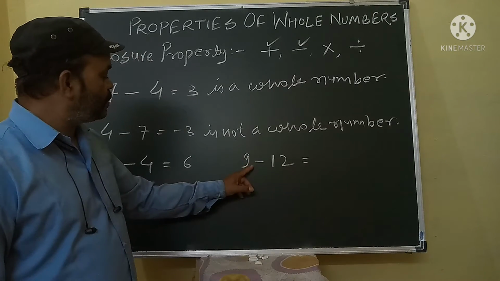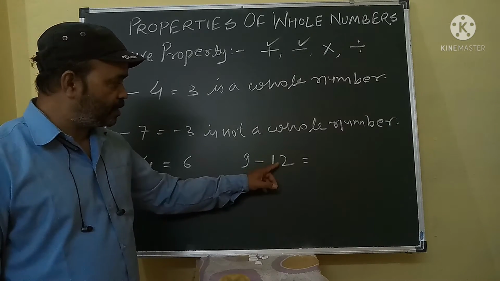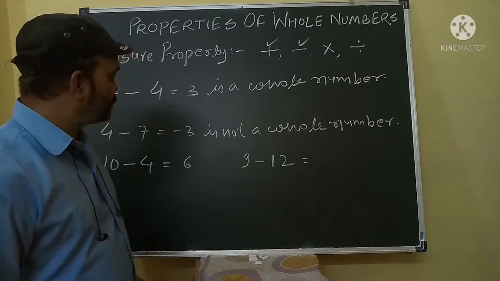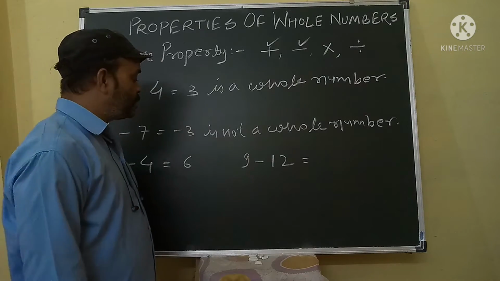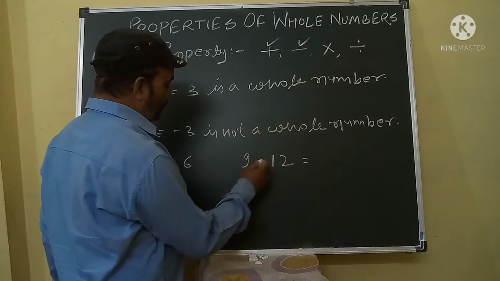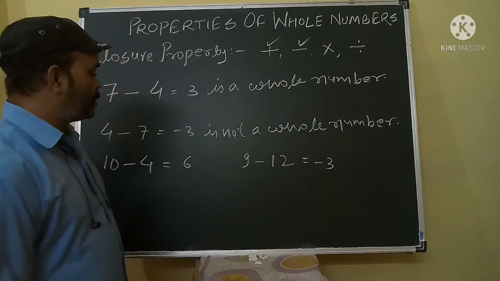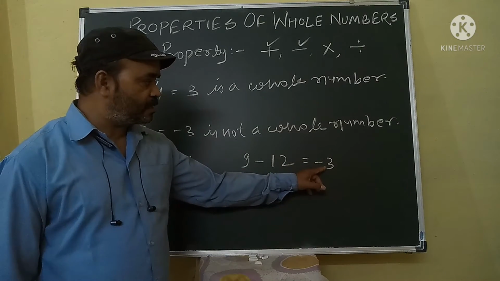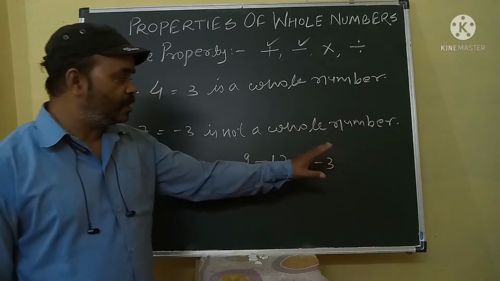We are subtracting the bigger number from the smaller number. If you subtract a bigger number from a smaller number, you will always get a negative number. So 9 minus 12 is equal to minus 3, and minus 3 is not a whole number.